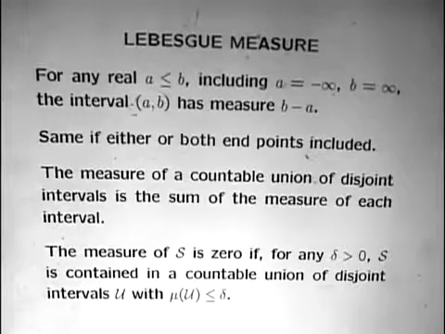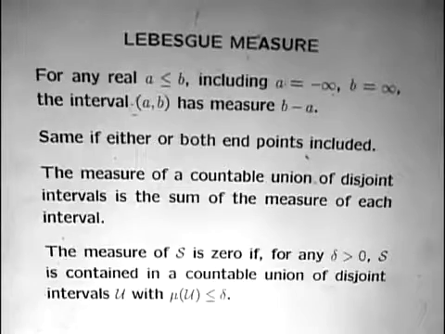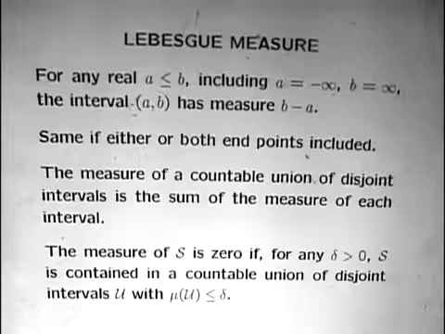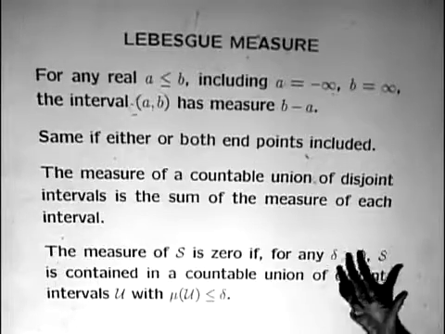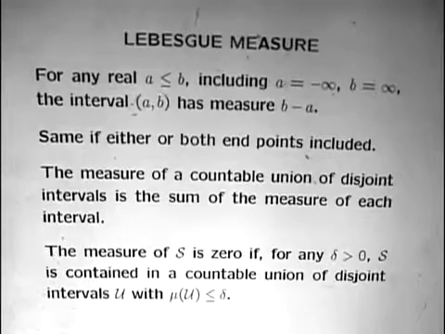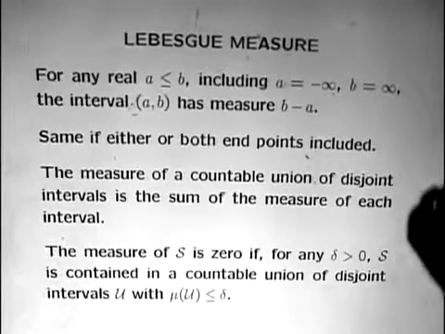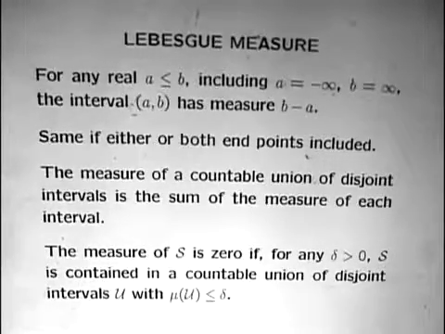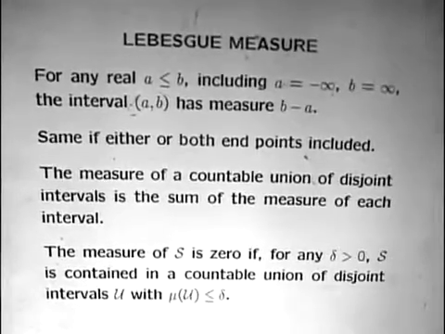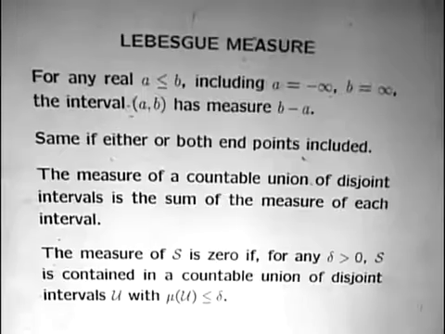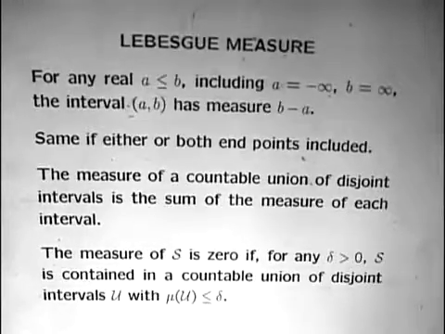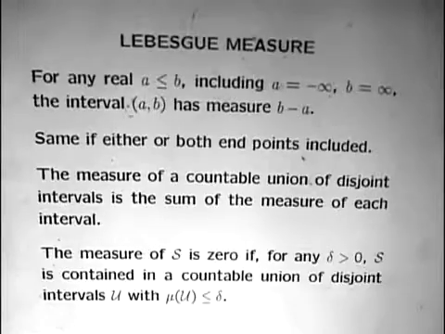And an even nicer way to put that is, when you're talking about weird sets, try to cover that weird set with a bunch of intervals. If you can cover it with a countable set of intervals in different ways, and you can make the measure of those intervals arbitrarily small, then we also say that the set has measure 0.